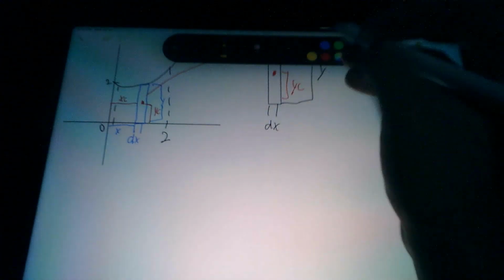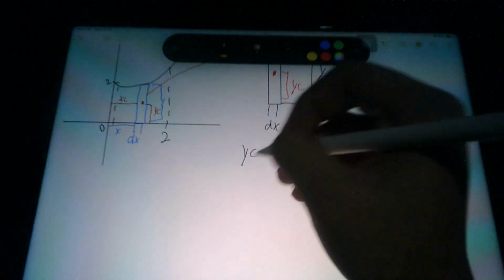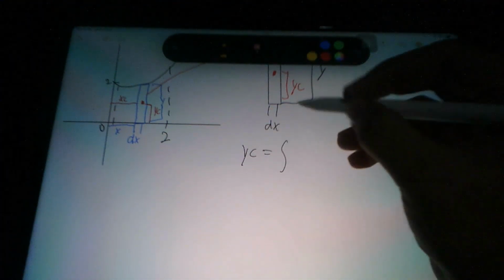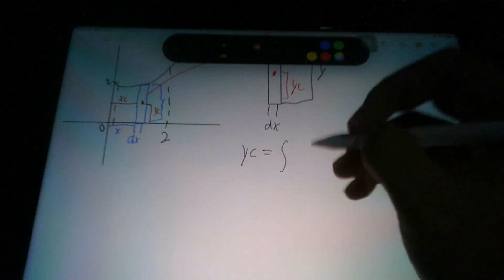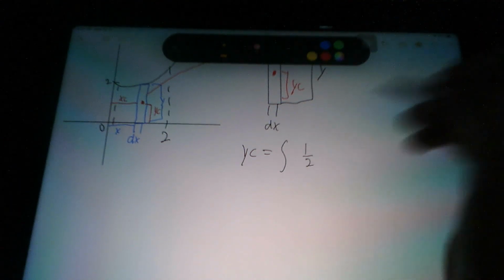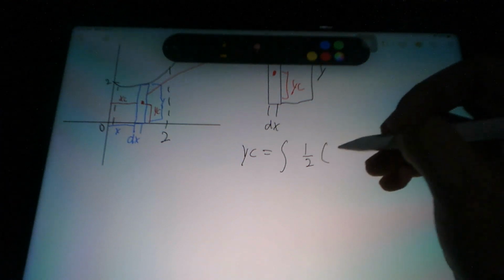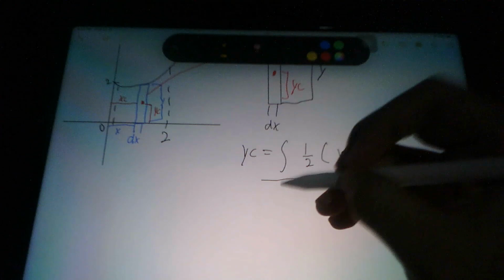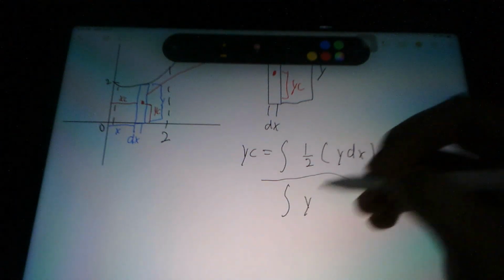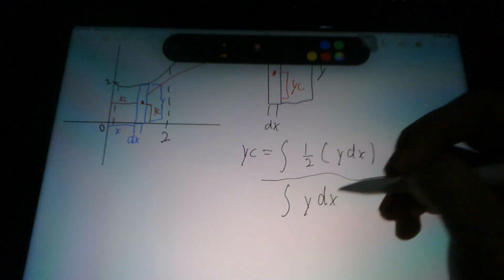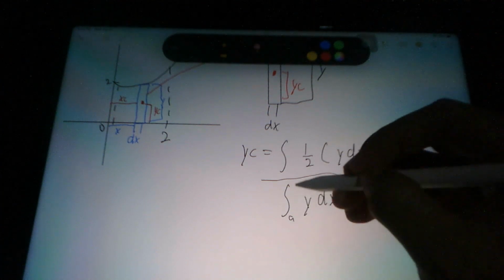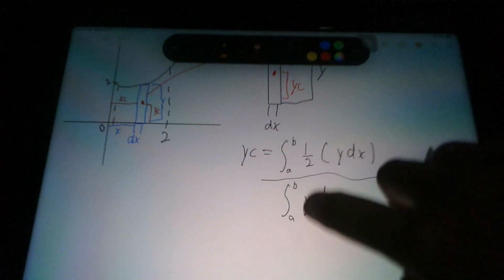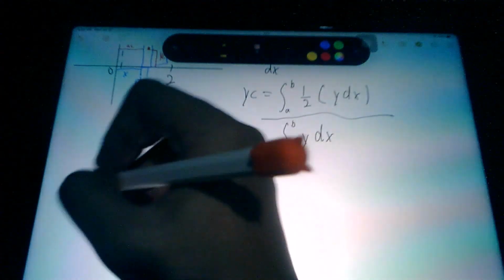Now yc here is just equal to the integral of yc, which is 1/2 times y dx over the integral of y dx from limits a to b. Now we substitute here our y.